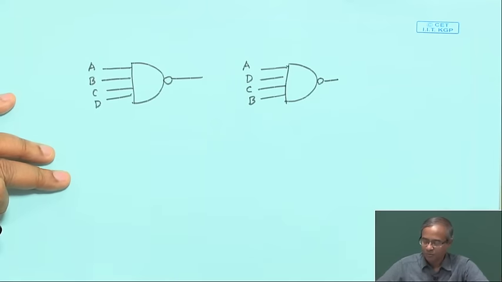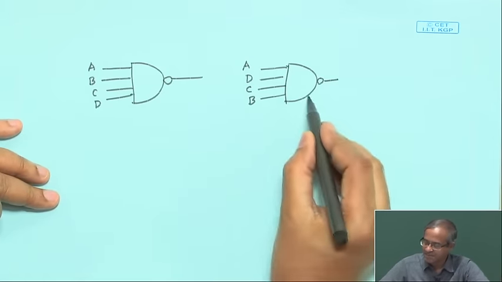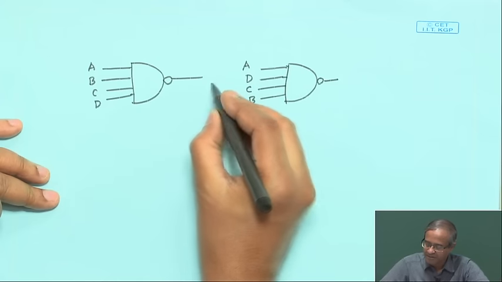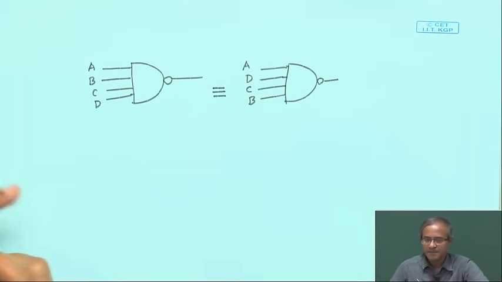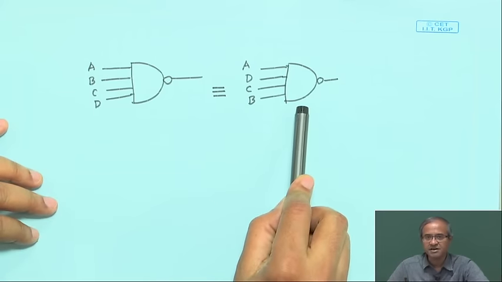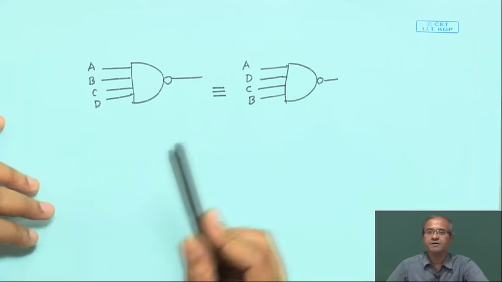Now, because the NAND function is commutative, you can easily say that these two are equivalent. These two are equivalent functionally, of course, but you may also be tempted to think that power dissipation wise also they should be equivalent, because if there is a signal activity in one of these, there will also be a signal activity in the other one, and vice versa.